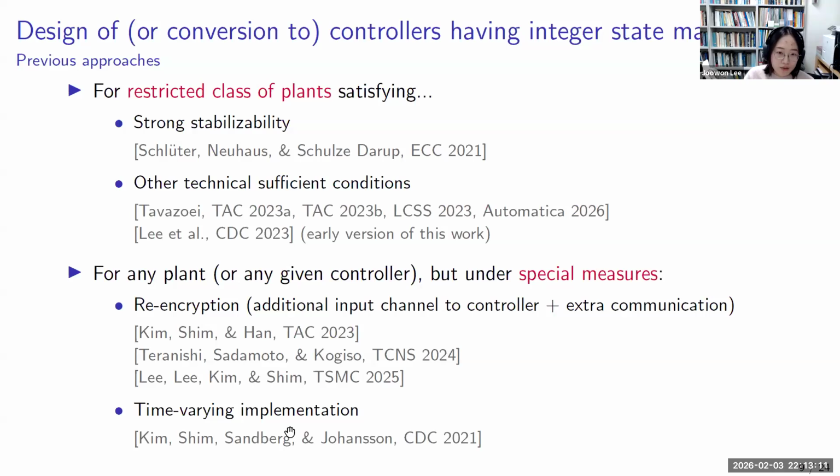Or any given controller can be converted into some new controller having an integer state matrix, but with a time-varying implementation. This means that the resulting controller will be a time-varying system.